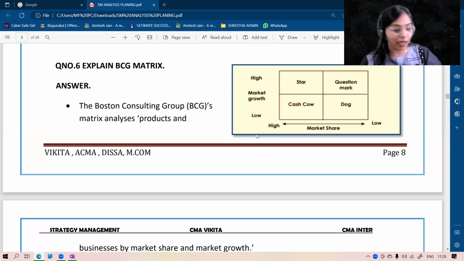Now coming to our screen, you can see the BCG matrix is on our screen. Before we go into what the BCG matrix is, I would like to share the history of the BCG matrix.